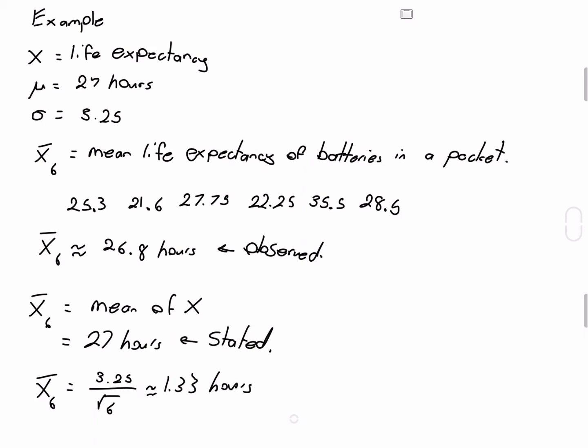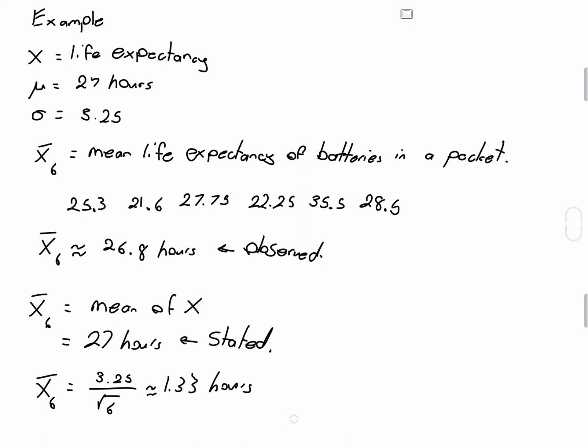Now, if you remember looking at your normal distribution, within one standard deviation either side it's roughly 68% of the data, so you expect 68% of everything to lie within that range. And you can see that our observed value of 26.8 hours does in fact lie within that. So even though we're missing out on 0.2 of an hour, which is equivalent to 12 minutes, it's really not that far off.